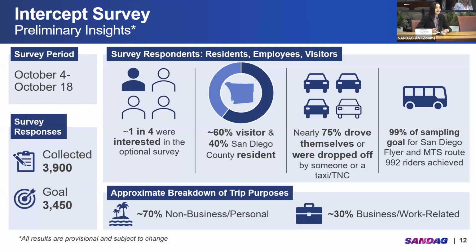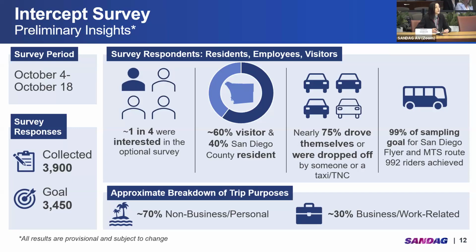Really preliminary insights, super provisional, but here's a recap of at least the intercept part of the survey, where over a couple of weeks we exceeded our goal of about 3,500 and collected nearly 4,000 responses. Nothing earth-shattering at the moment, but we learned that about 70% of the travelers were at the airport for personal or non-business travel versus 30% work-related.